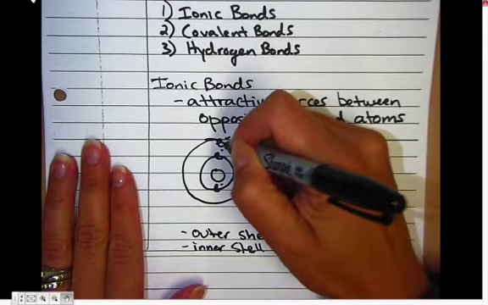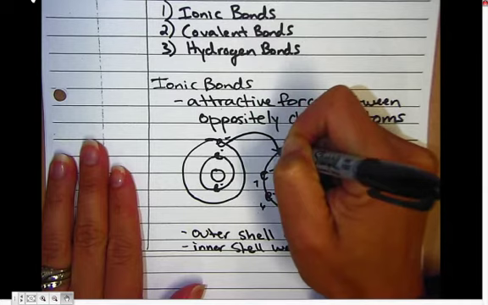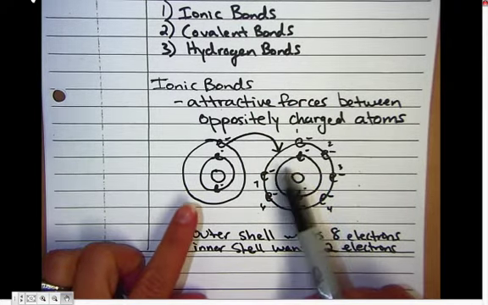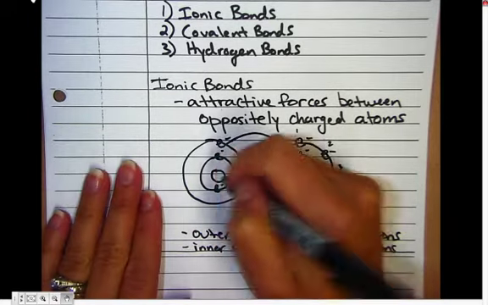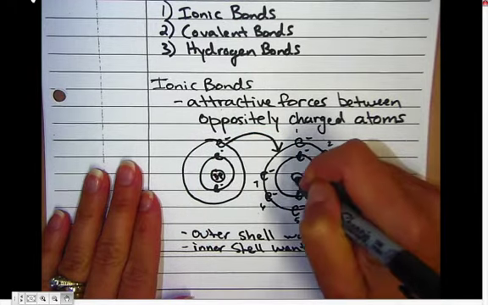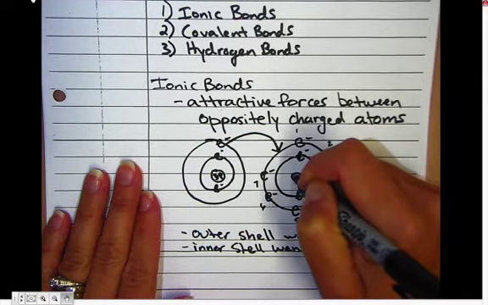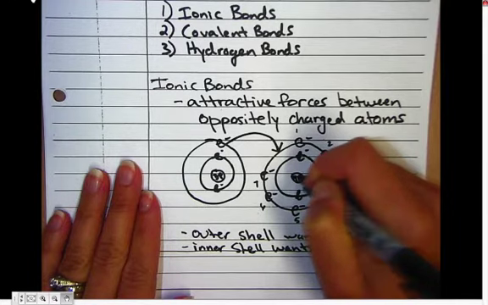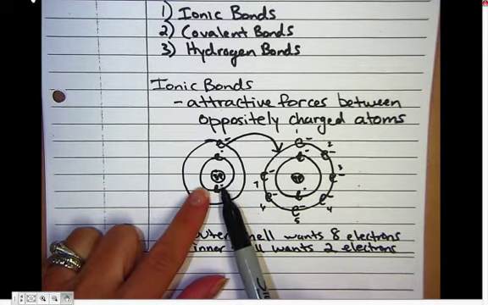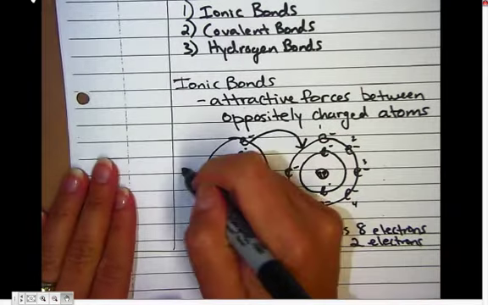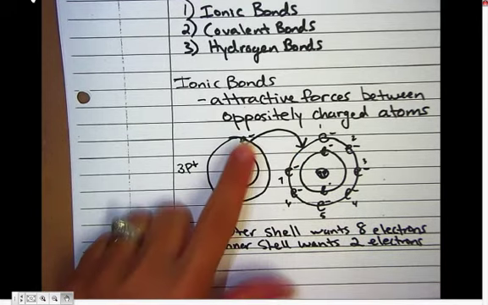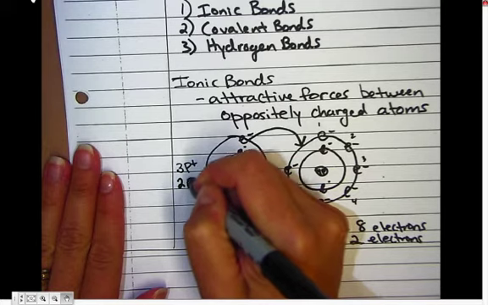So this electron here is going to jump ship over to this particular atom, and it is going to make 8. But this has 3 protons in it, and this one has 9 protons. So what we have now is 3 protons, which are positive, and now because this one left, we only have 2 electrons.